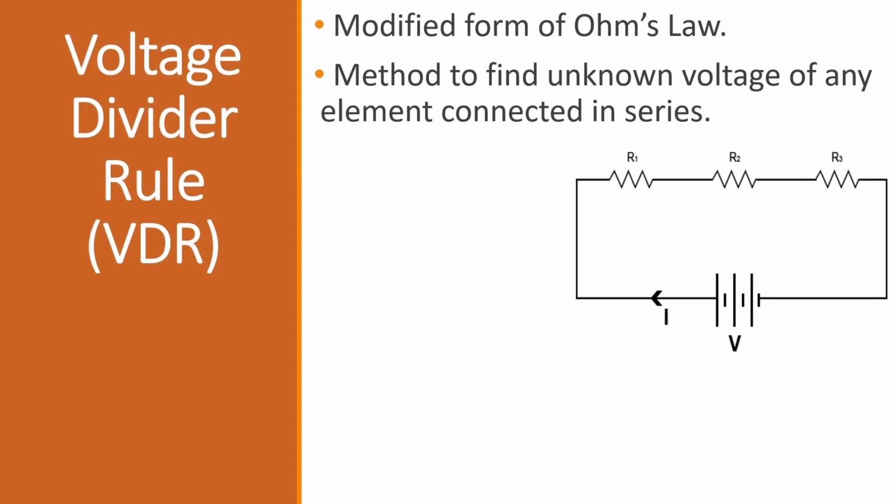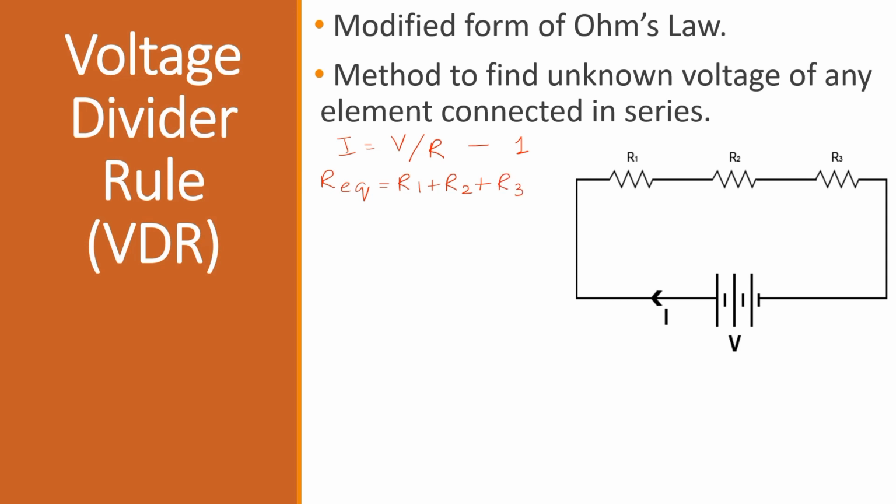We know that from Ohm's law, I is equal to V divided by R. This is your equation number 1. Since all these resistors are connected in series, therefore R equivalent will be R1 plus R2 plus R3.